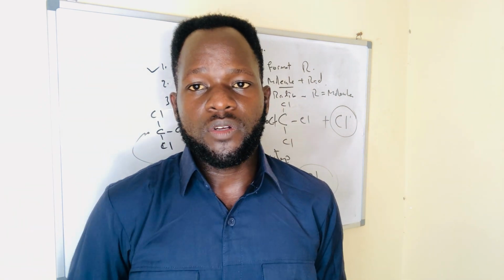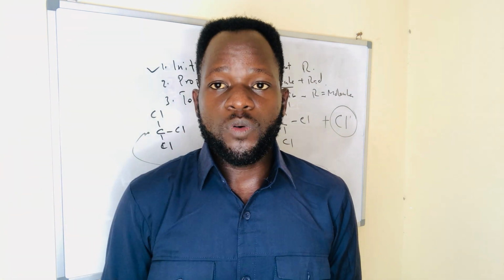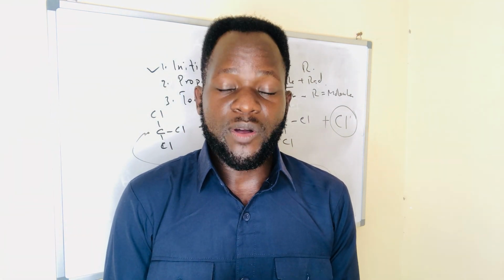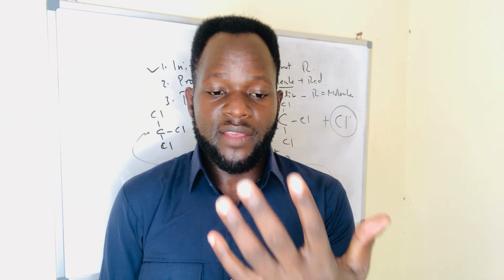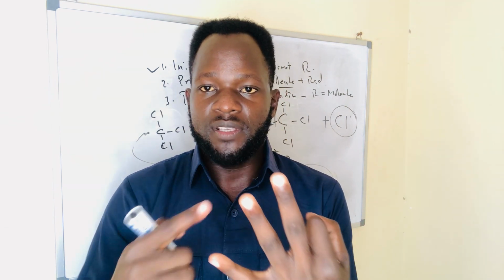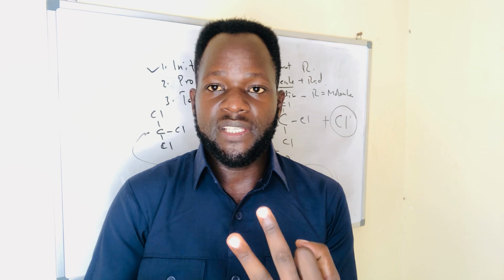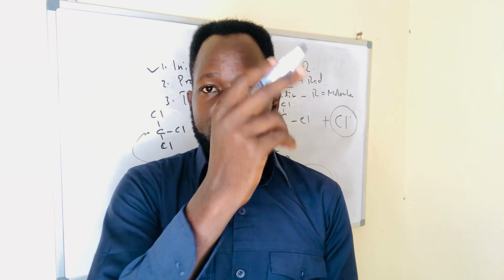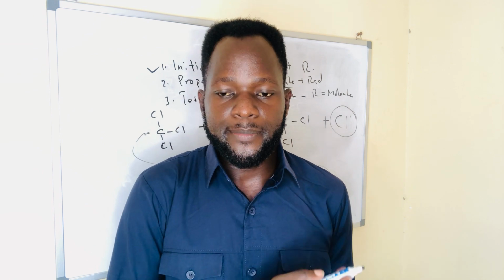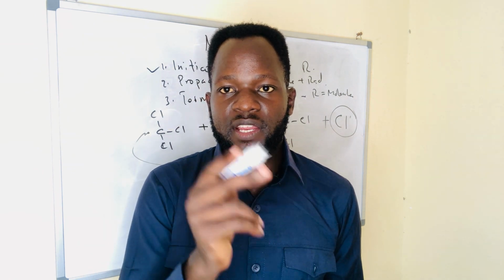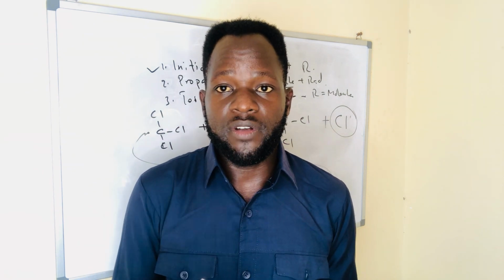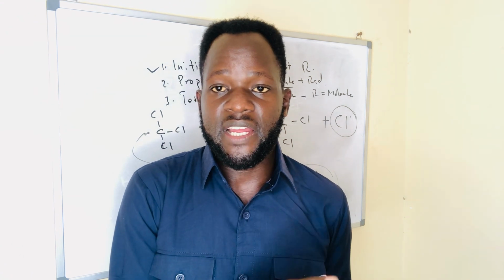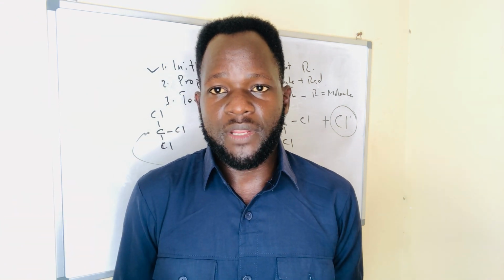So those are two conditions. Then after, you must understand that the mechanism involves 3 steps. The first step we call the initial step or initiation step, which involves formation of radicals. If you have used chlorine molecules, you will use UV to get the two chlorine radicals. If you use bromine, fluorine or iodine, it is up to you to decide what to use.